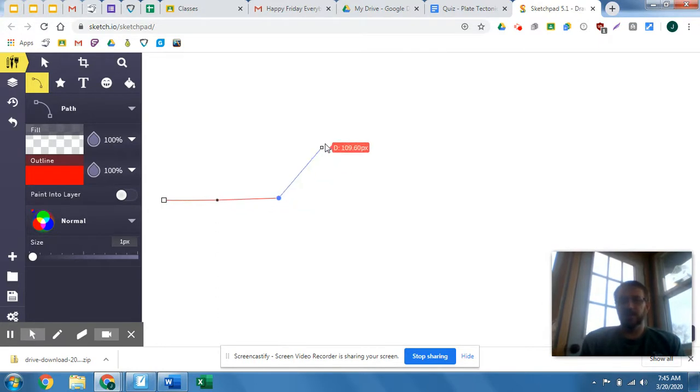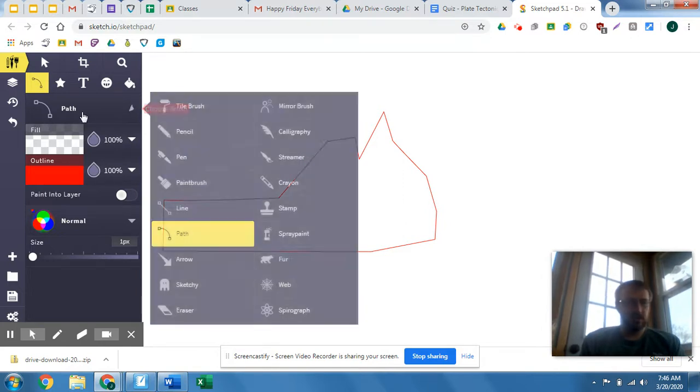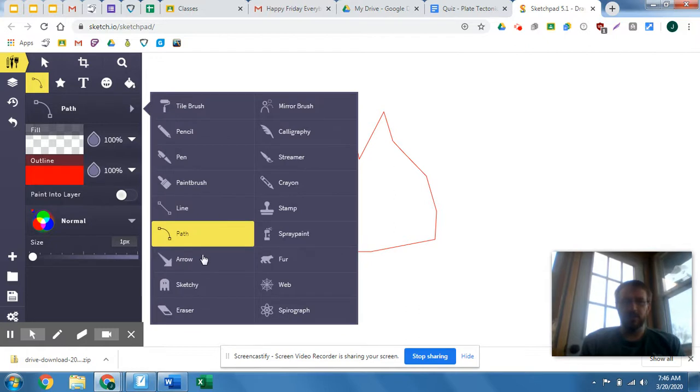But if you want to make a plate and you want to have mountains, and you want to have a plate crashing into another one, you just got to draw and connect it. You can fill it with stuff. You can show magma. You can show convection cells. There's arrows that you can draw to show the way these plates are moving.